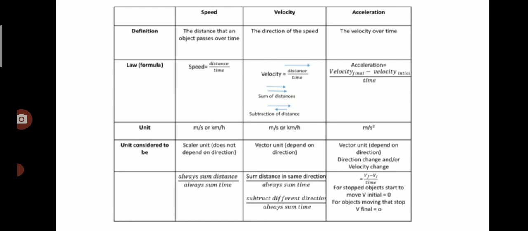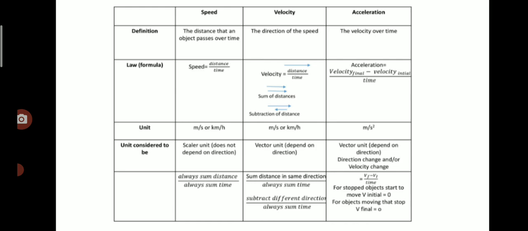subtraction of the distance. While acceleration is defined as rate of change of velocity upon time, it means final velocity minus initial velocity. If you see, speed and velocity have the same units, meter per second or kilometer per hour, while acceleration is denoted with the unit meter per second square.